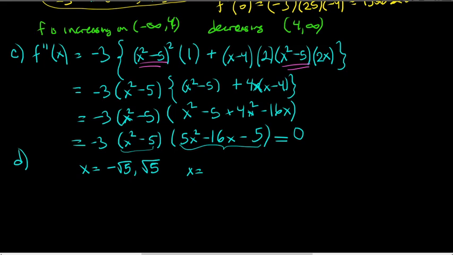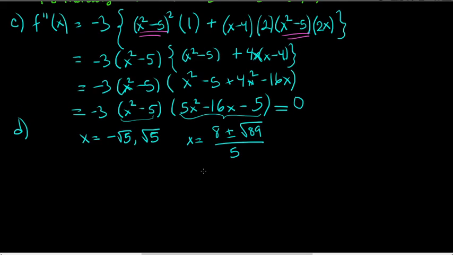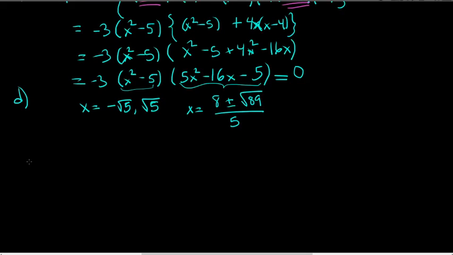You get some horrible number here. Let's see, you get 8 plus or minus the square root of 89 over 5. Okay, and so your sign chart in part D is going to be a long one.